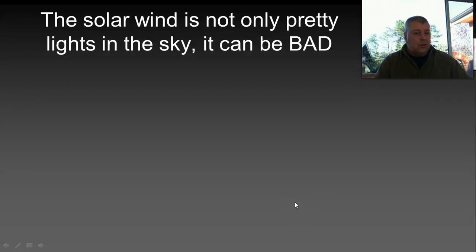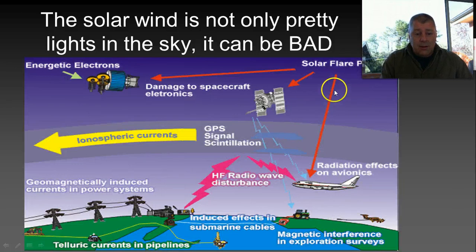So this is the solar wind and the interaction that Earth has with the solar wind. And it can make pretty lights, but it can also be bad. Why? Because the electrons can damage spacecraft and electronics. So they can knock out satellites. They can interrupt GPS, which is used virtually for most transport things nowadays.